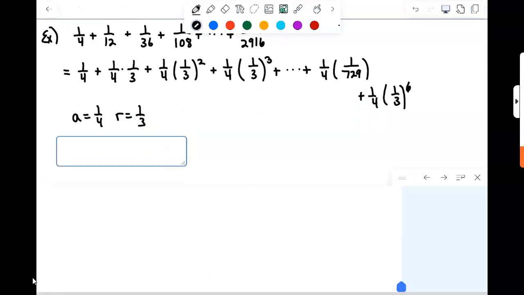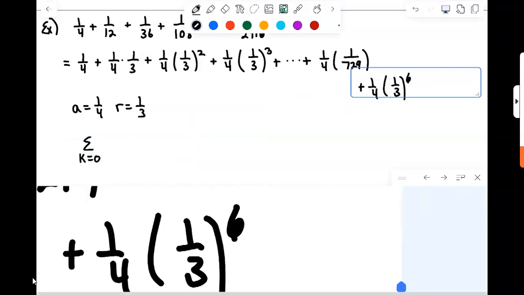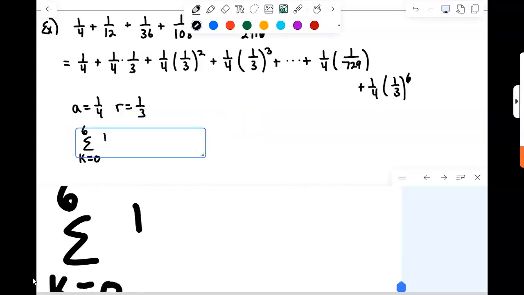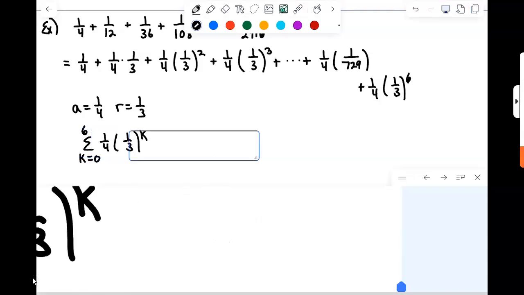So we're really dealing with the sum as k goes from 0, and the last power was the 6th power, to 6 of A, 1/4 times 1/3 to the k. And so that is just S7, the 7th sum.